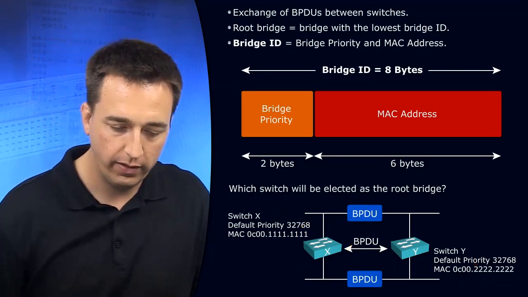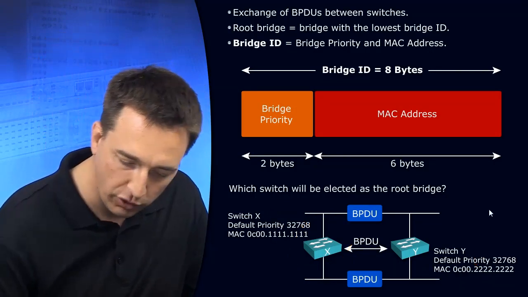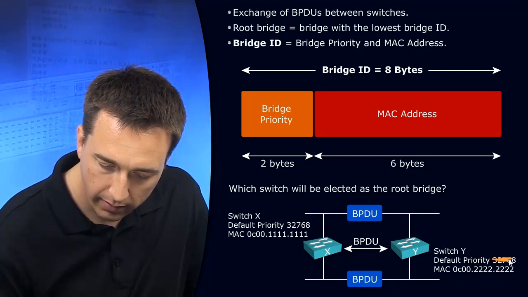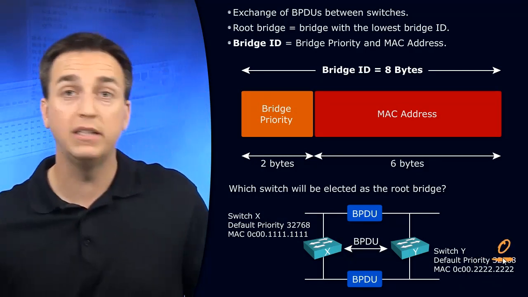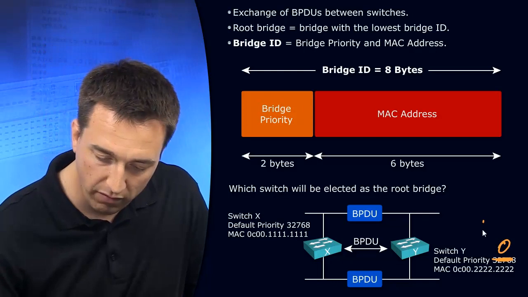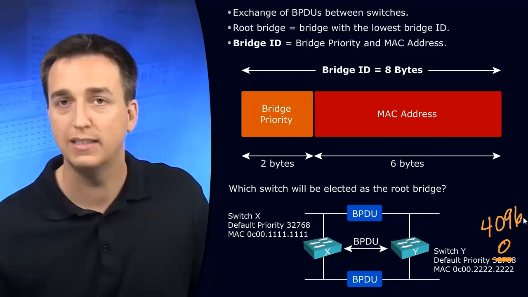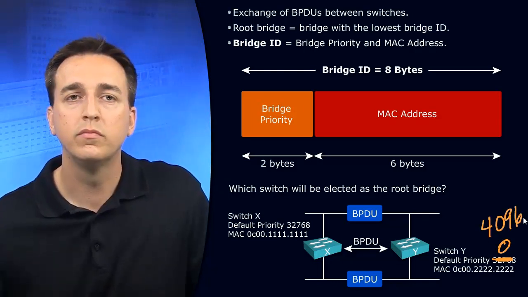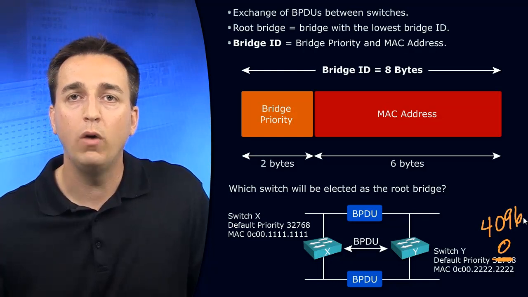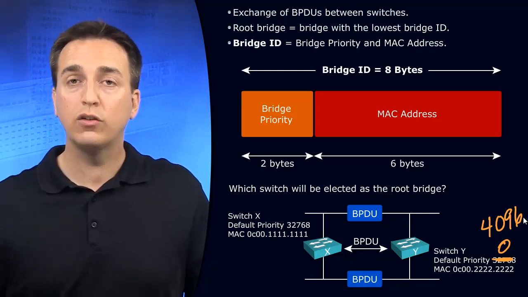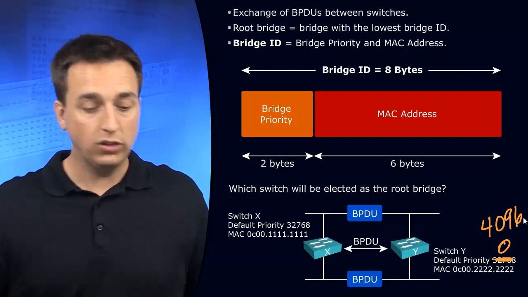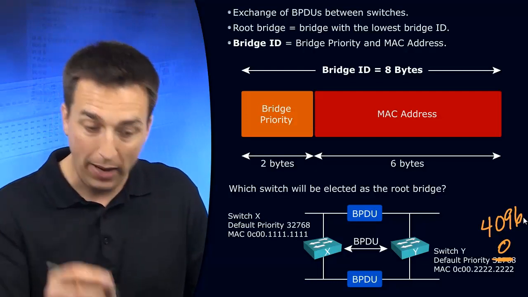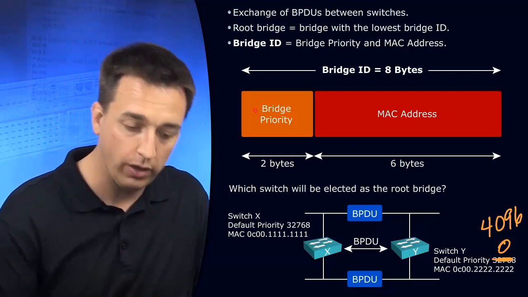Now, what if the priority of switch Y was 0, as an example? Or maybe even 4096 as an example. Well, in this case, as you're trying to elect the root bridge, which one has the lower bridge ID? You start by examining the bridge priority.